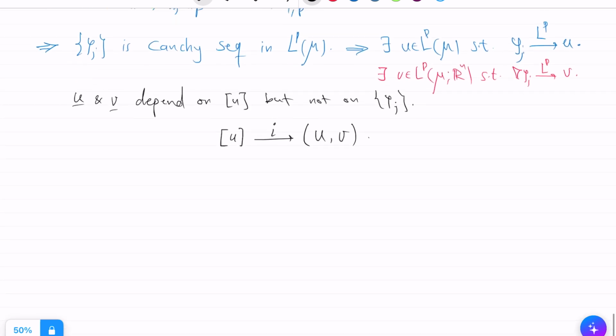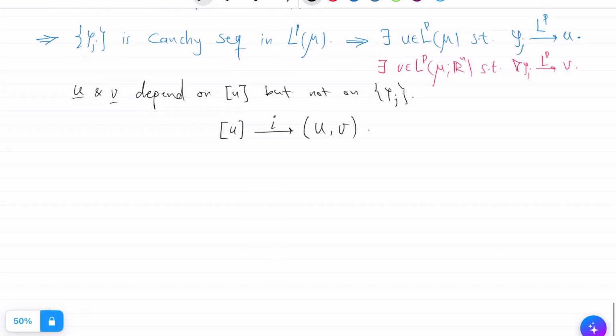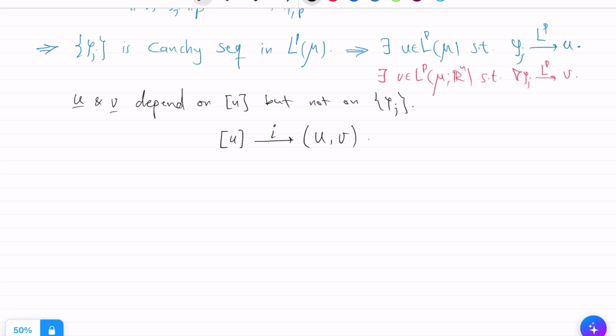Actually, you can state this more elegantly and provide an even more elegant proof by the following.